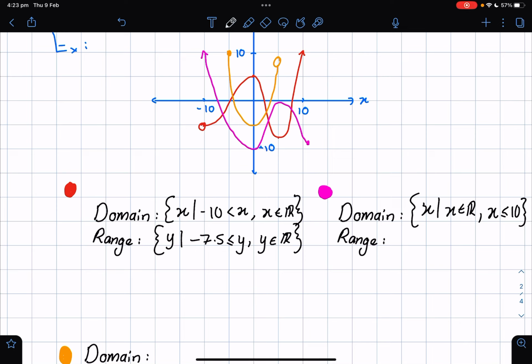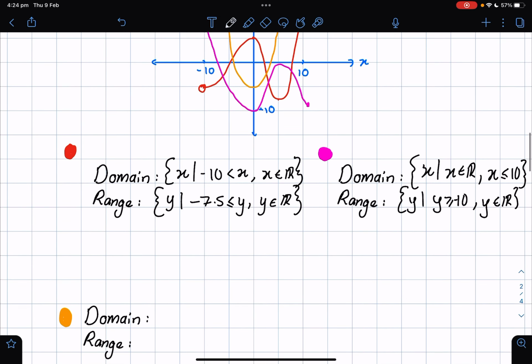Now for our range, okay, the lowest it can be is -10. So drawing our brackets, y has to be greater than or equal to -10, okay, because that point is inclusive, and then y goes off indefinitely in the upper bounds, okay?